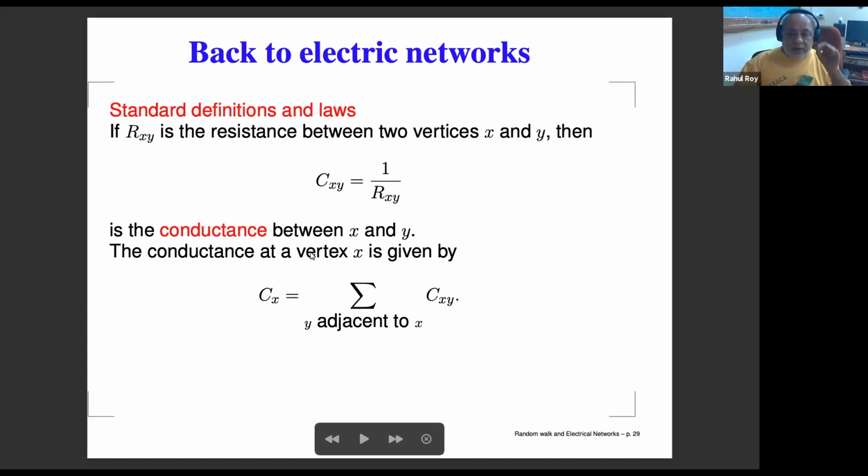And the conductance of a particular vertex x is the sum over all the conductances between x and any adjacent vertex of x. So this is the conductance of a vertex x.